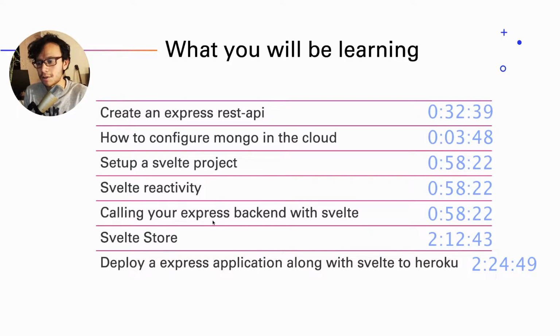Also, how to make calls to the Express backend with Svelte, and we are going to be using a proxy to have the same URL. Also, how to use the Svelte store, so we are going to have some state management. And finally, we are going to deploy the Express application to Heroku along with Svelte.